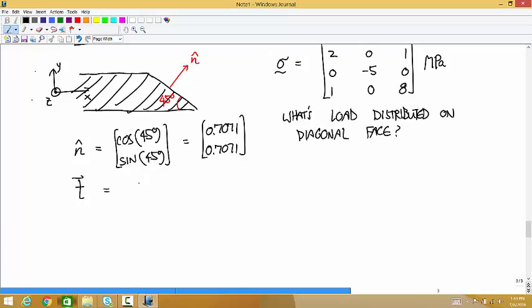Okay, and then the traction vector is the stress tensor 2, 0, 1, 0, negative 5, 0, 1, 0, 8, times that outward facing normal. Oh, and I did it in 2 dimensions, but we're doing everything in 3 dimensions, so let's just add a 0 to the end.